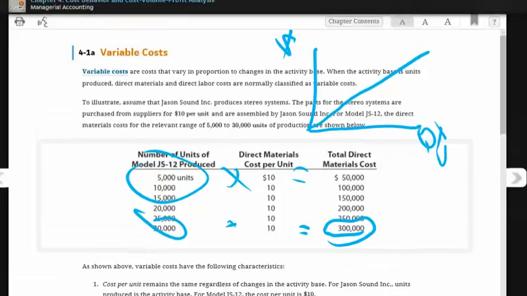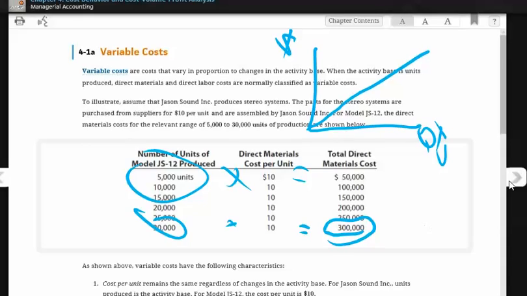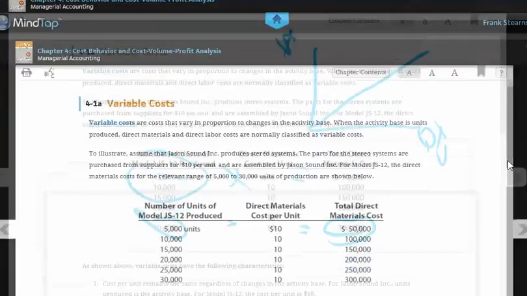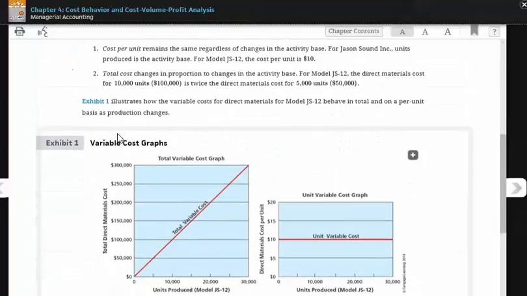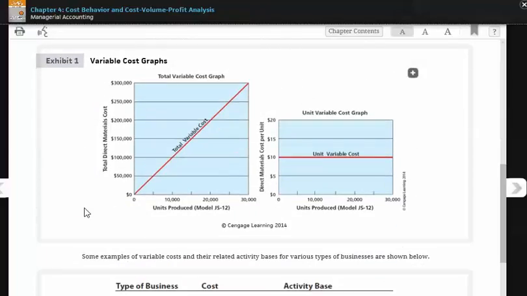If we go down and look below this, I have to turn that off, I guess. So if we look at it and graph it, we can see first the graph on a per unit basis.